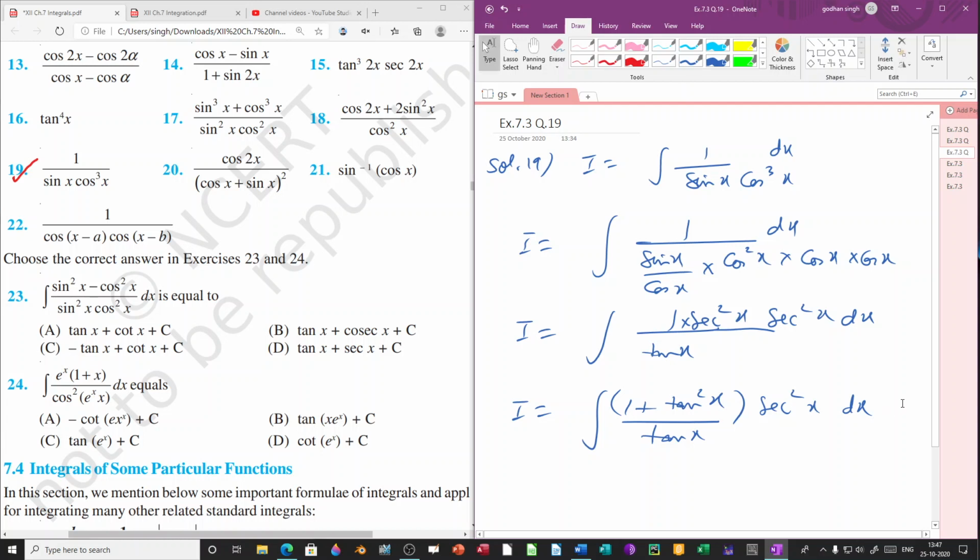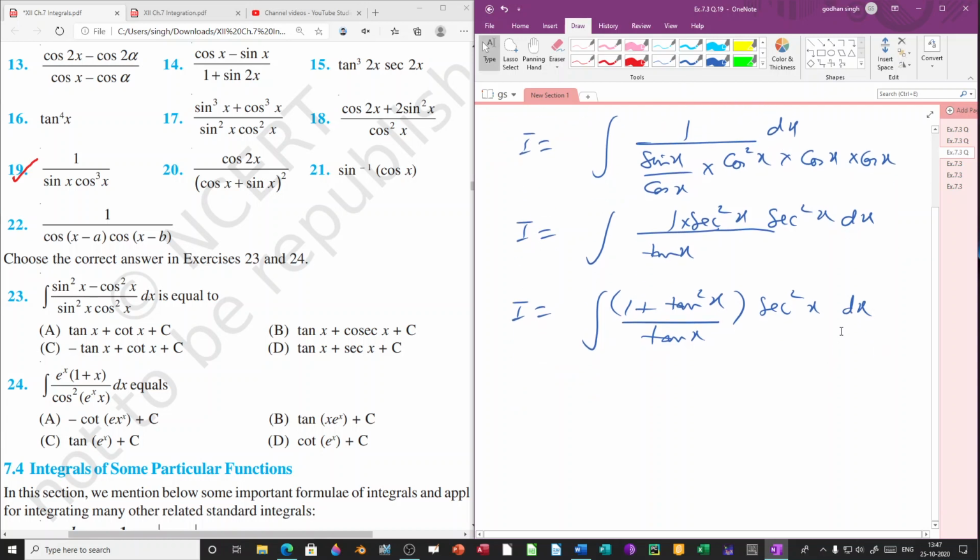Now we'll do the substitution. We'll take tan x as t. So let tan x equal to t. Therefore, sec square x dx equal to dt. And let this be 1, this be 2, and this be 3.